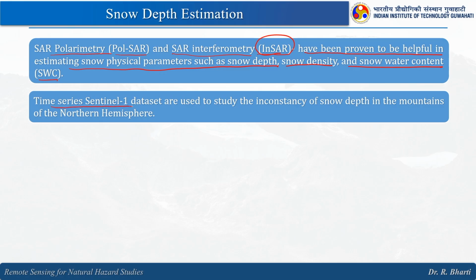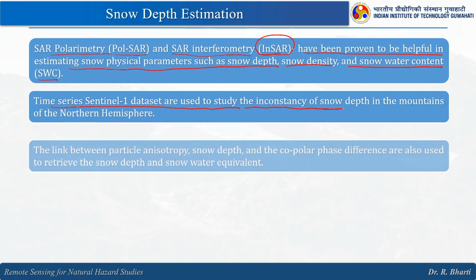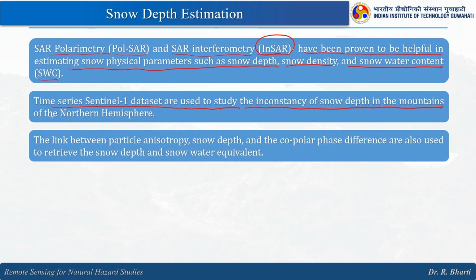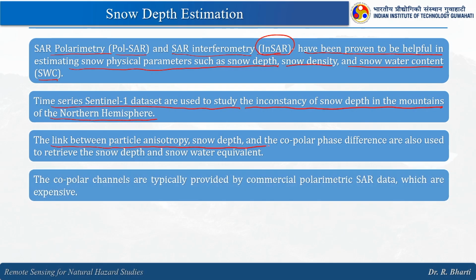Time series Sentinel-1 datasets are used by various researchers to study the inconsistency of snow depth in the mountains of the northern hemisphere. The link between particle anisotropy, snow depth and copolar phase difference is also used to retrieve the snow depth and snow water equivalent.